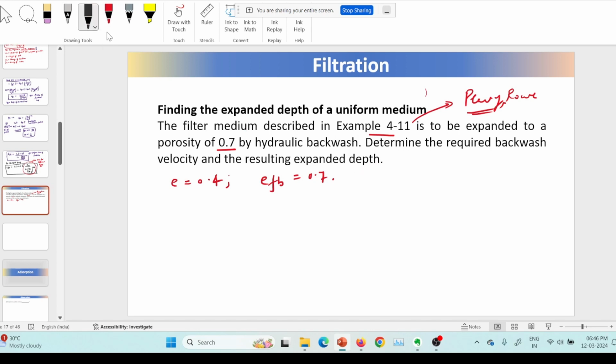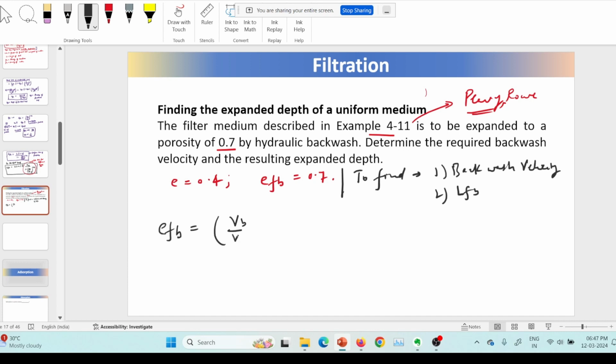So what we need to find out? We need to find the required backwash velocity and the expanded depth. For backwash velocity, we have the formula: EFB is Vb by Vt to the power 0.22.